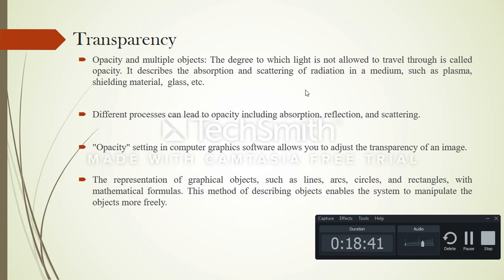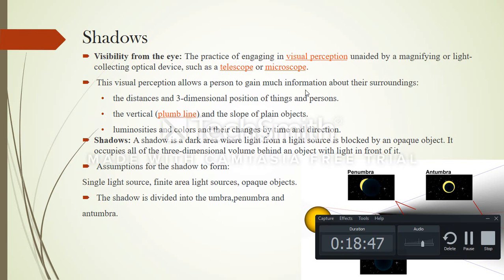Opacity settings in computer graphics software allow you to adjust the transparency of an image. Visibility from the eye. The practice of engaging visual perception unaided by a magnifying or light collecting optical device such as a telescope or microscope. This visual perception allows a person to gain more information about their surroundings.